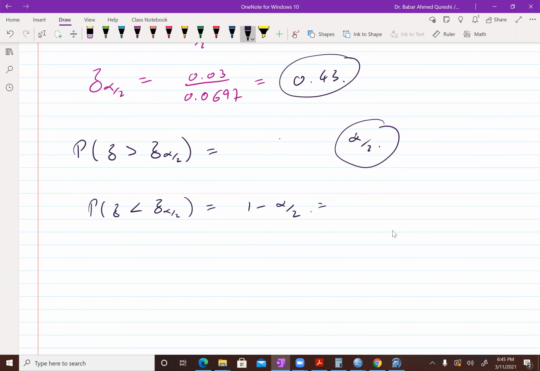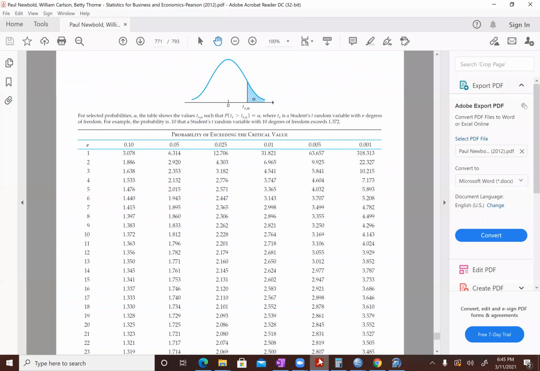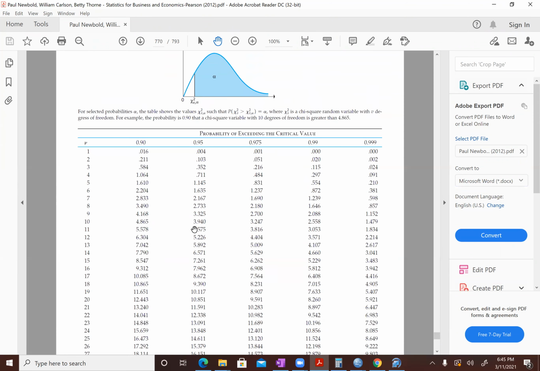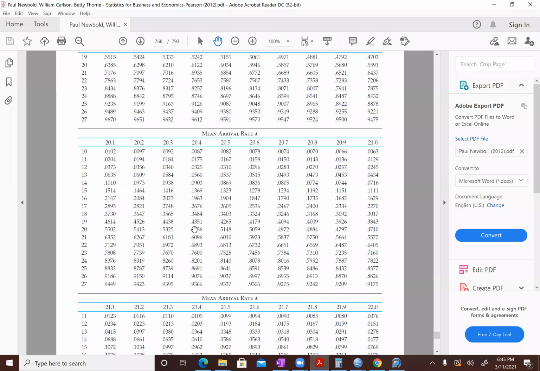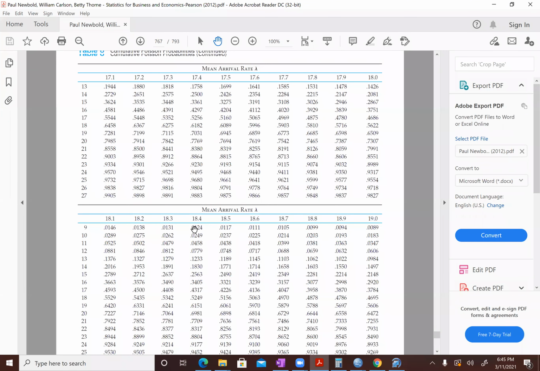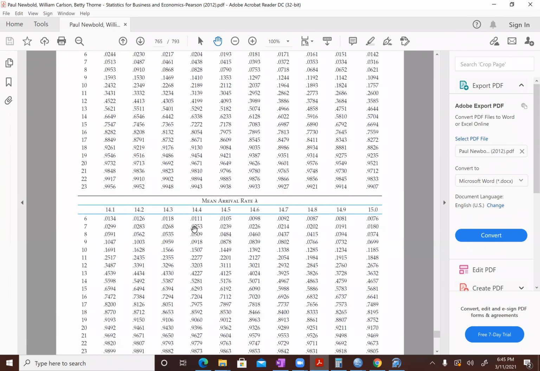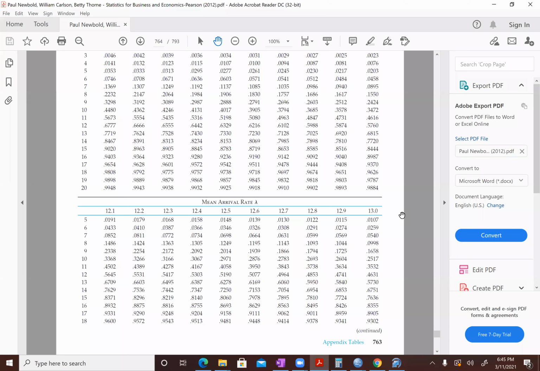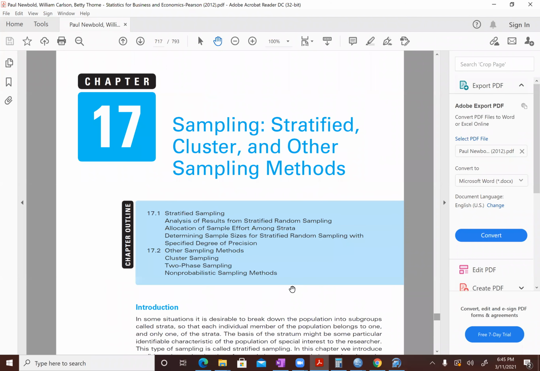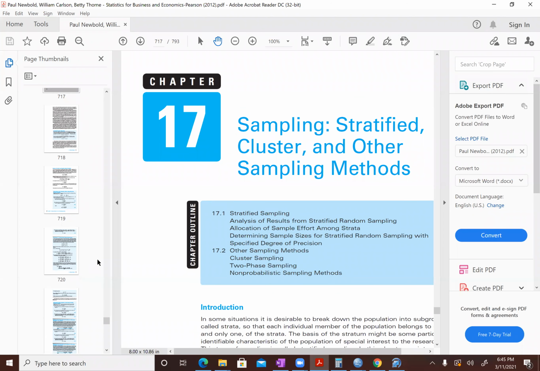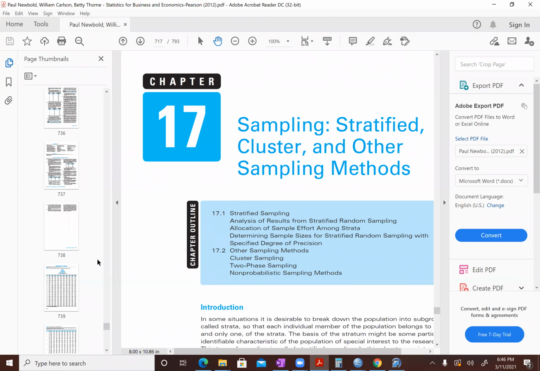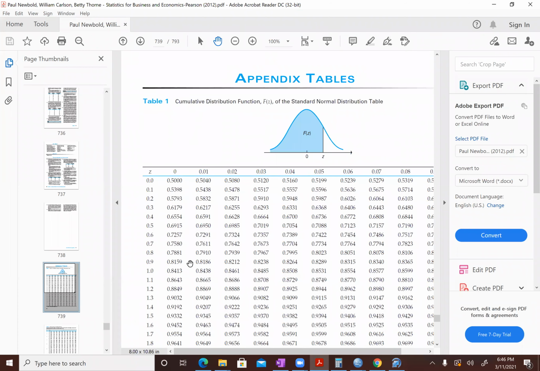And that is equal to, we have to go to the table. Let's go to this table.